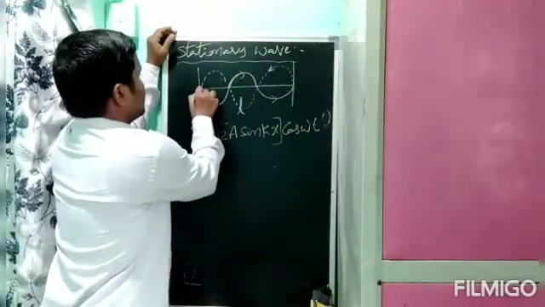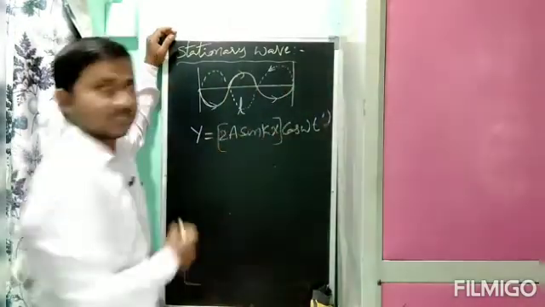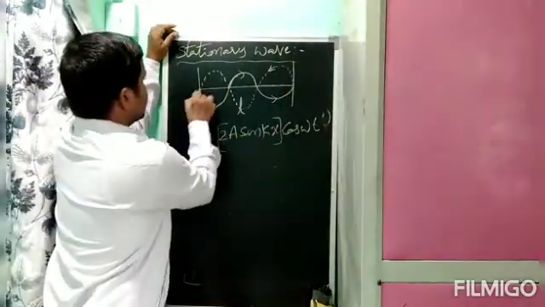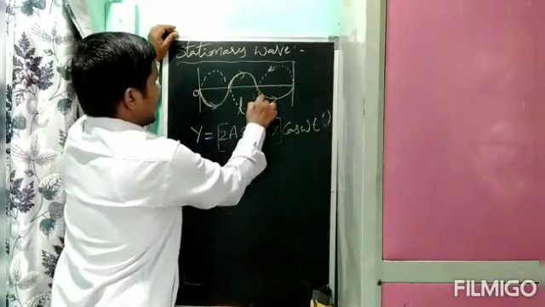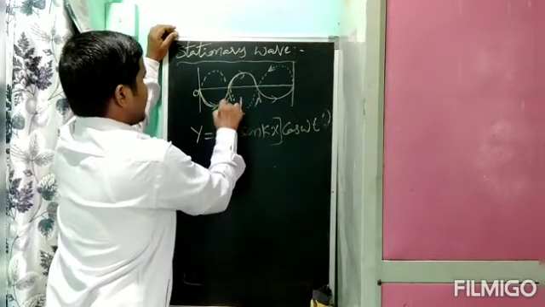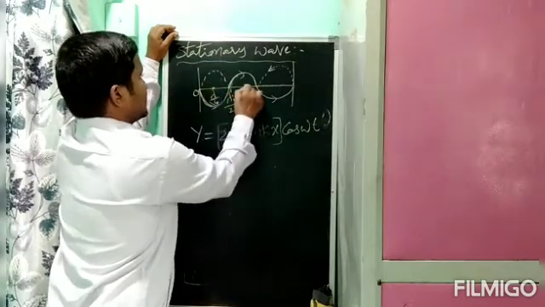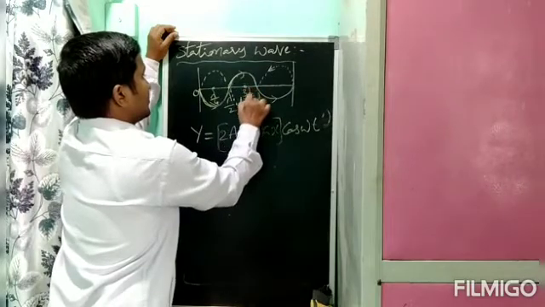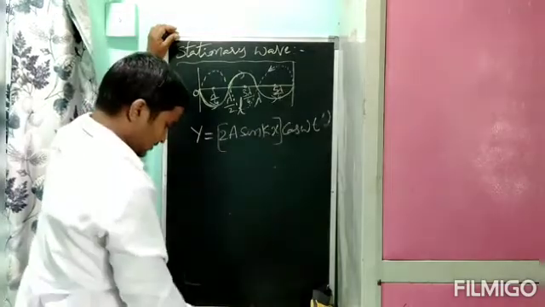As we move from this point to this point, the x value changes. Here this is 0. This is one wave, from crest to crest is lambda, so this will become lambda by 2, here lambda by 4, this is 3 lambda by 4, 5 lambda by 4, and so on.